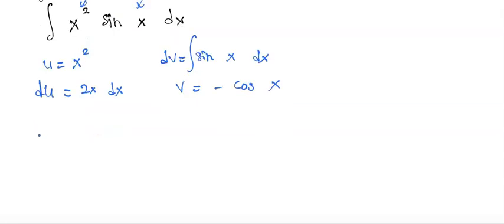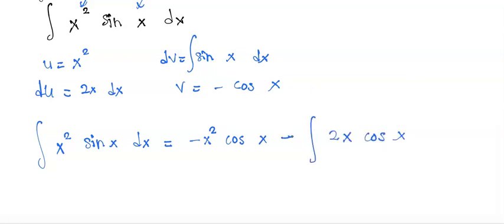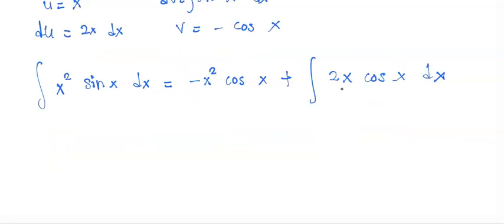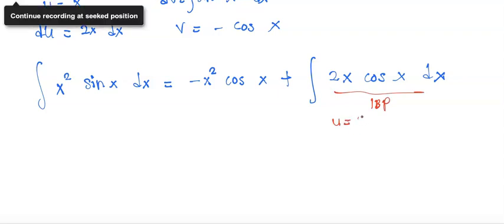Now put everything inside the equation. You get integral of x square sine x dx equals uv, which is negative x square cos x, minus integral of negative cos x times 2x, so minus cos x will be plus cos x dx. Again, you have two functions here. 2x cos x dx means that this is another integration by parts, IBP. u will be 2x and dv is cos x dx.